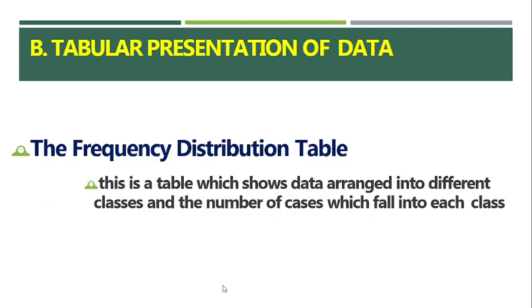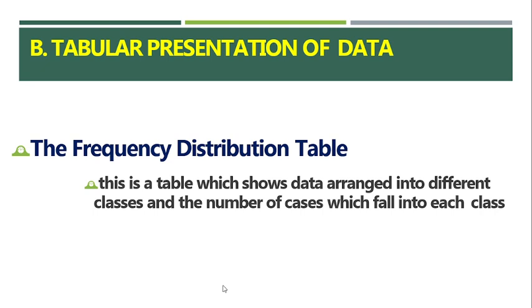alright, so we have the tabular presentation of data. So, the first type of presentation of data is the textual presentation, and the second one in line is the tabular presentation of data. This second type is the commonly used presentation of data in terms of research.